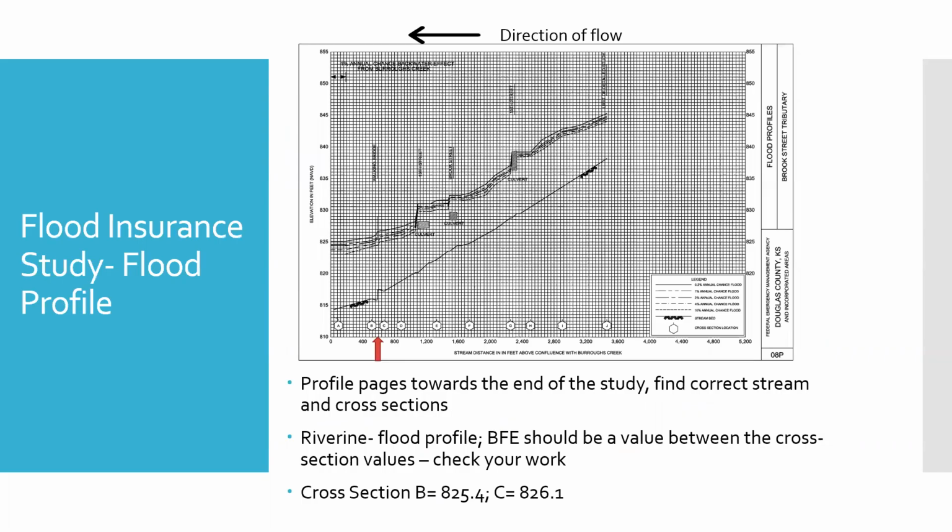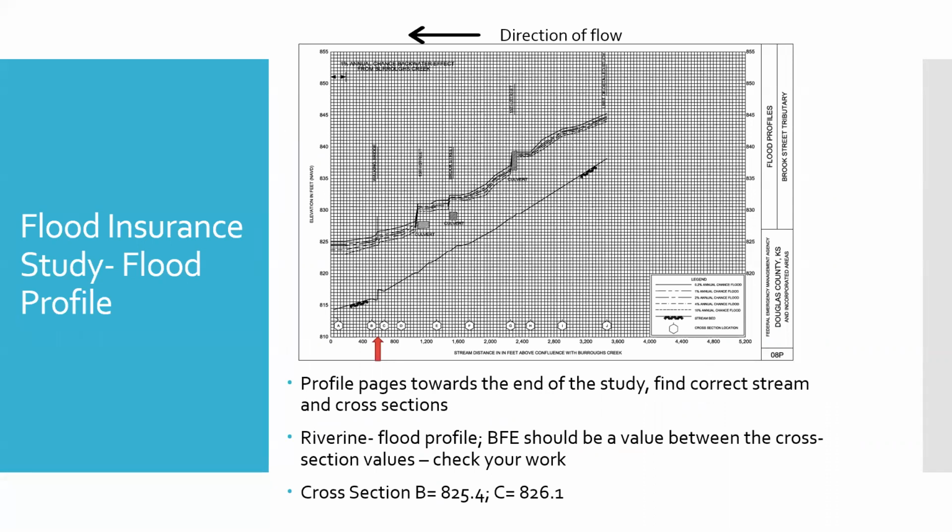So I'm going to the flood insurance study, flood profiles, they're in the back of the flood insurance study. And then down at the bottom, you can see B and C. So that's where my house is, right in between those two cross sections. And be aware of the direction of flow is usually from right to left. So the right side is the upstream side.